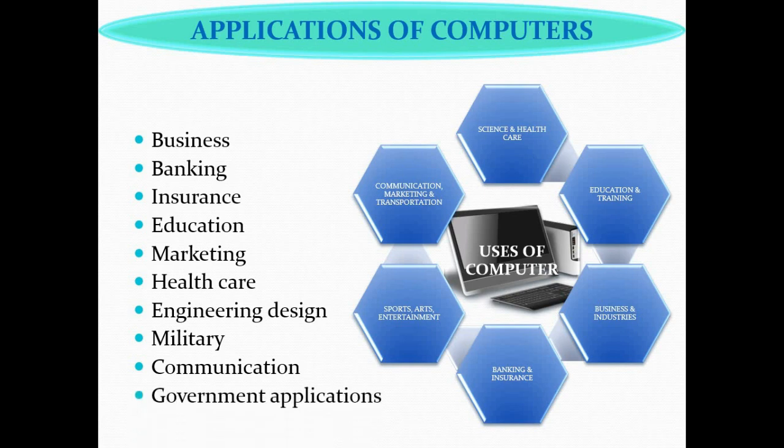Government applications, the government uses computers for emailing, budgets, sales tax department, income tax department, male-female ratio, computerized voters list, computerization of the driving license system, and computerization of PAN cards, weather forecasting. So all these are the areas where computers are being used.